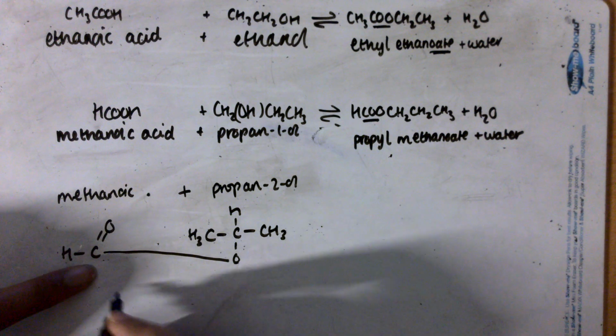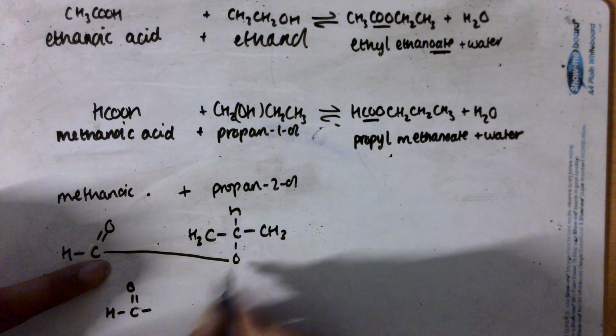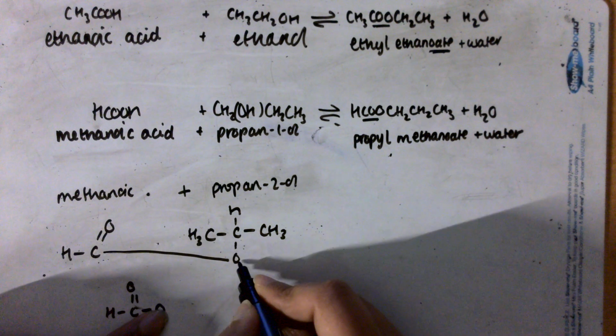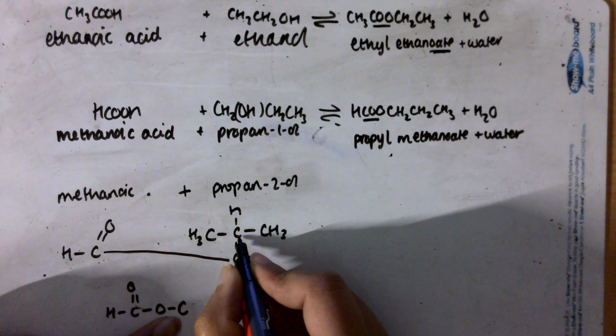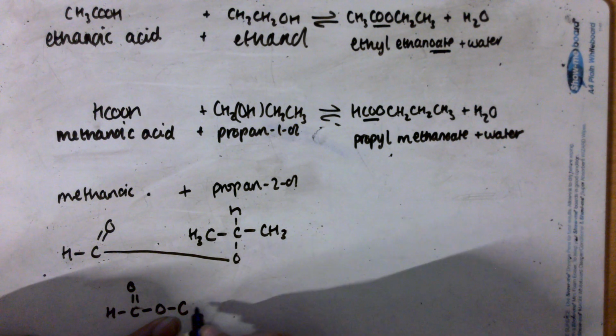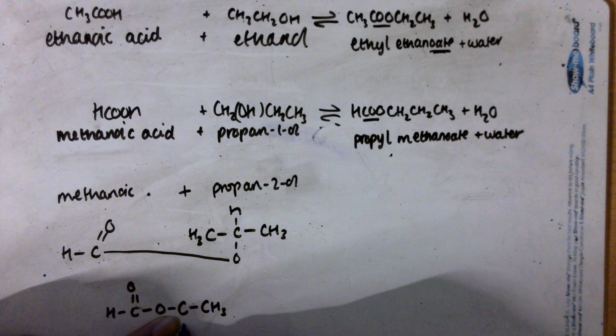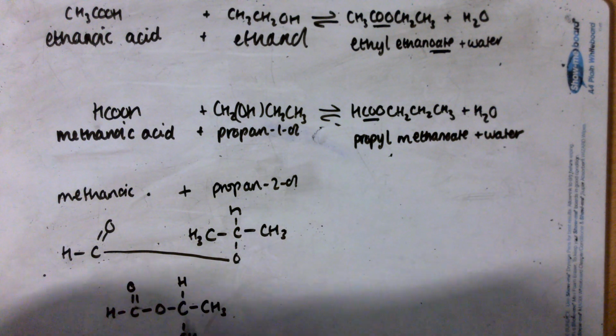Let's draw this out a bit better. I've got my HC double bond O, directly bonded to an oxygen, but what this oxygen is now bonded to as well is a carbon, and that carbon has two sets of CH3 on either side. So I can draw one here, and I can draw one here. And it also had a hydrogen at the top of it.